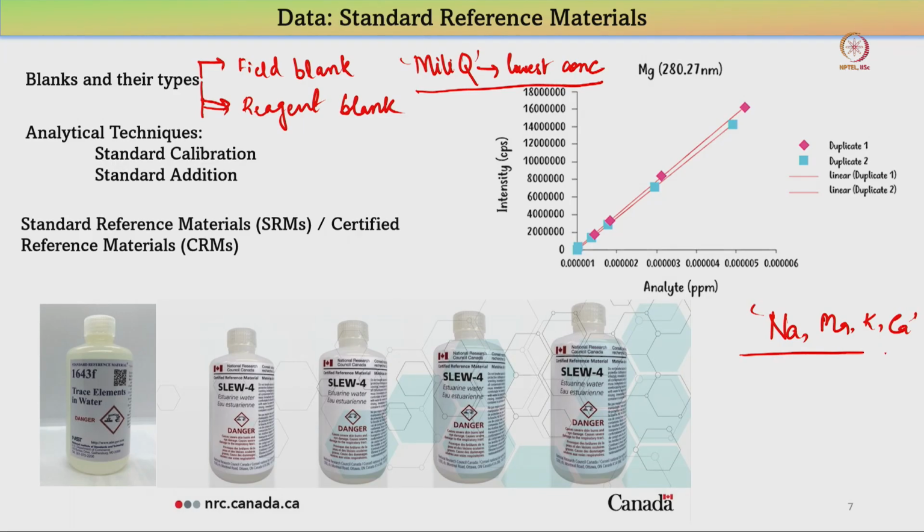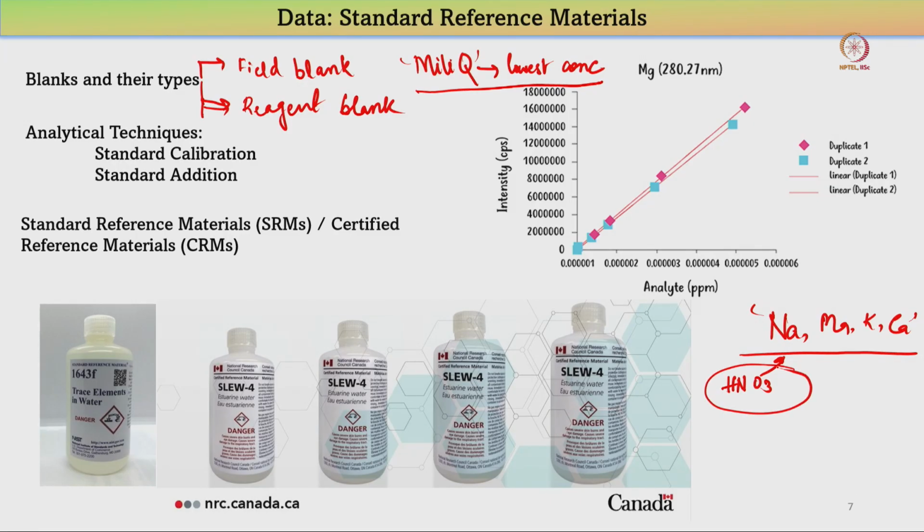Now, these elements are everywhere in nature. If you are going to add HNO3 to your sample, then in that HNO3 some trace amounts of these will be there. So, when you add it to the sample, this looks like a contamination.